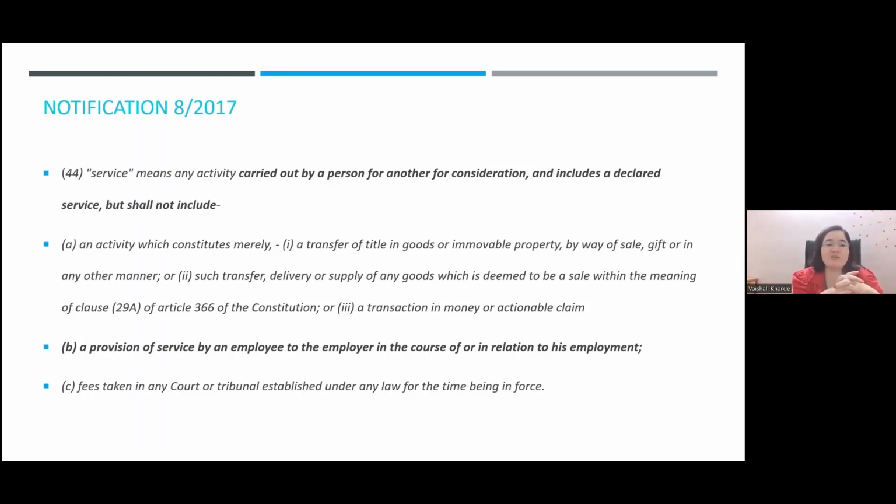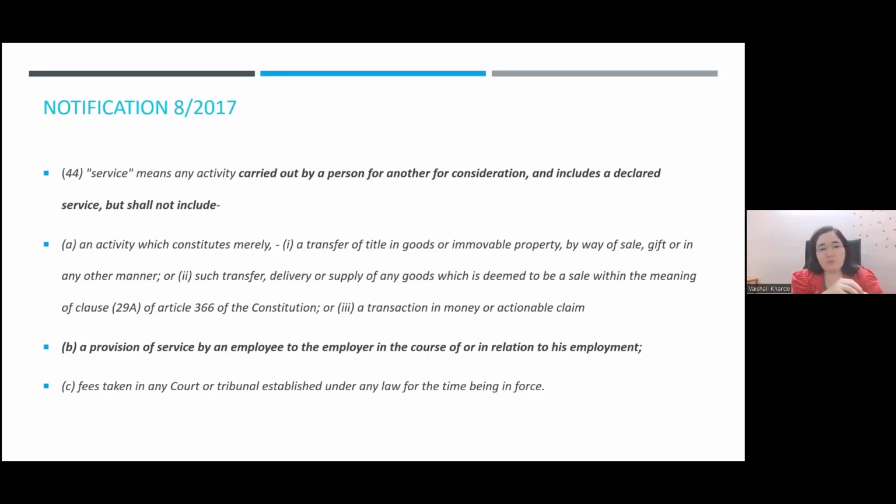In the B clause, a provision of service by an employee to the employer in the course of or in relation to his employment. So it is excluded only if there is a service by an employee to the employer in the course of or in relation to his employment.